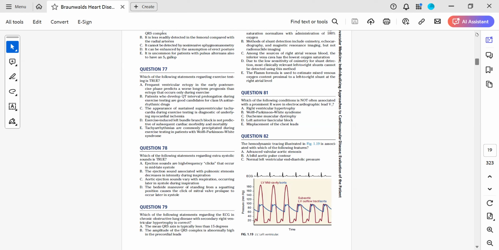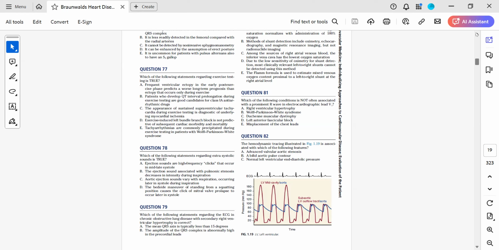So back to our question, the options. Prominent R wave seen in ECG lead V1 in RVH. We're looking for the one that is not often associated, where we won't see a prominent R wave. So for RVH, that is false, because we'll find a dominant R wave in RVH.